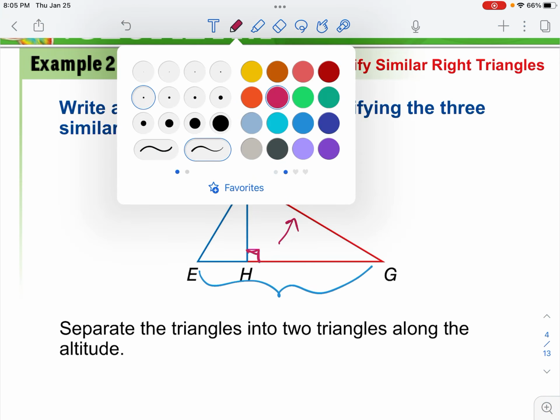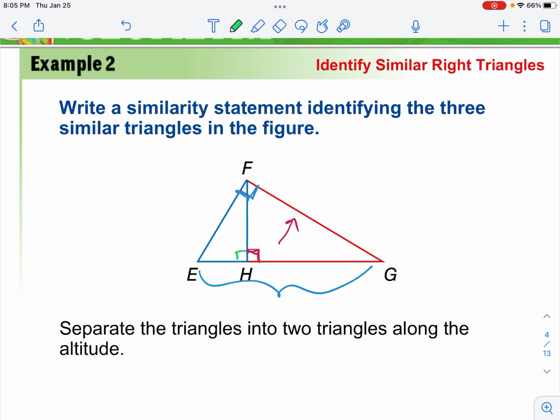And lastly, the little triangle's 90 degrees is here, making this one the hypotenuse. So it's a matter of understanding which pieces are the same. So if I'm going to write them as three separate triangles, and I'm starting with the blue one, I'm going to go short leg to long leg to hypotenuse. So the short leg is EH, F. Oops, I did not write those in the order I said.